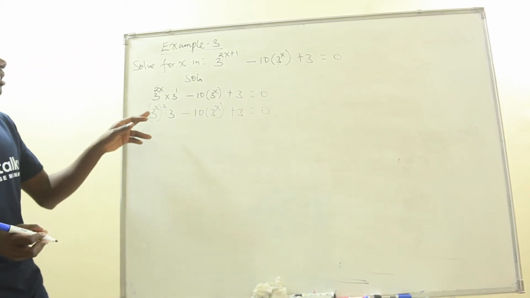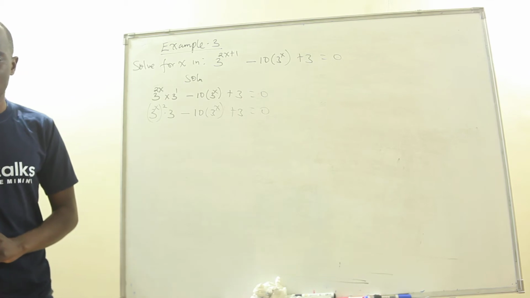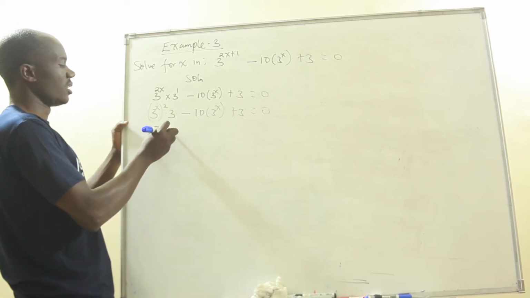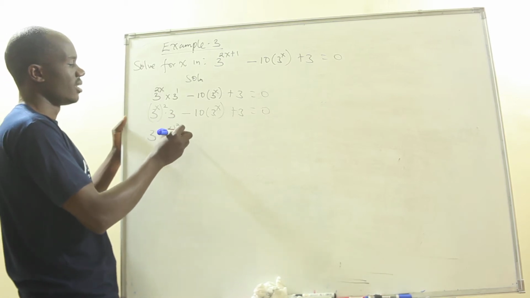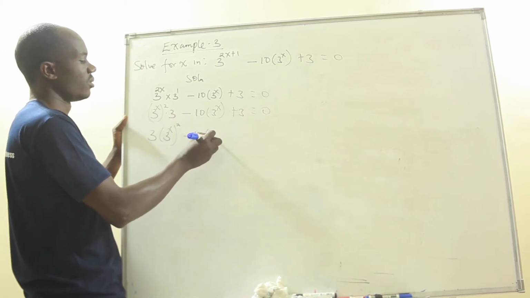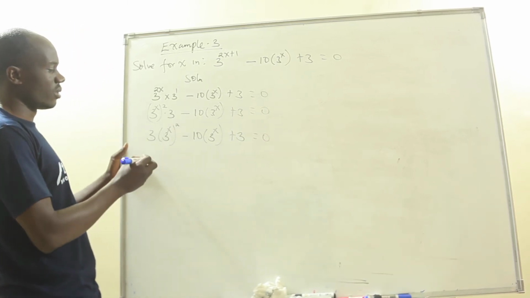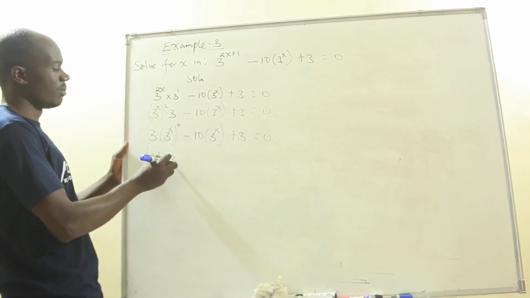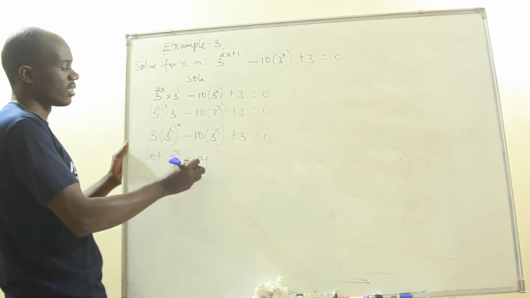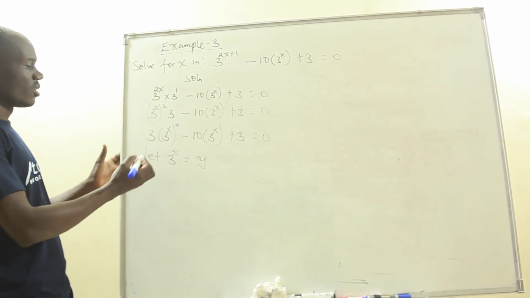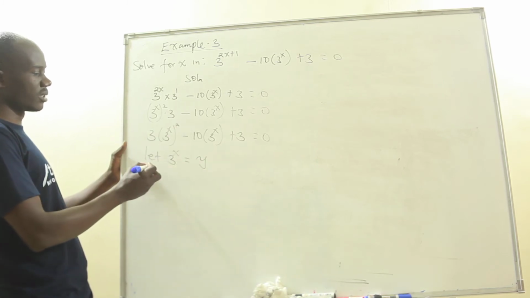Now you can say 3 power x is common. Or somebody can write this as 3 into 3 power x squared, minus 10 into 3 power x, then plus 3 equals 0. So we are supposed to say, let 3 power x equals a certain letter, say y. You can say even p, depends on your own choice. So where there is 3 power x, just put a y.